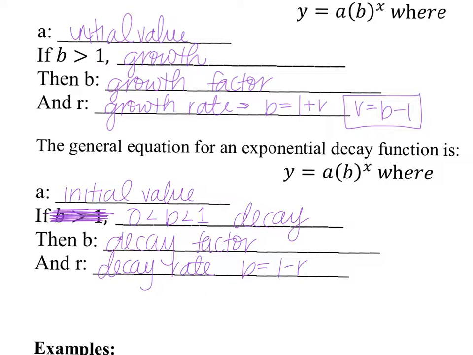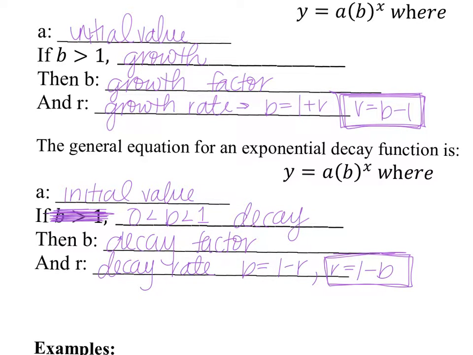So the decay factor is b equals 1 minus r, and what r equals is 1 minus b. To find your decay rate, r equals 1 minus b. To find your growth rate, it's b minus 1.